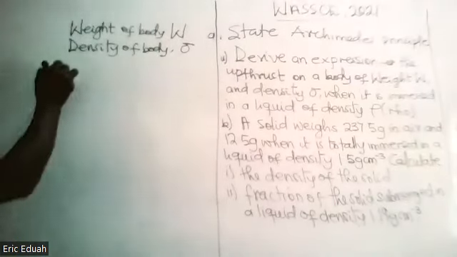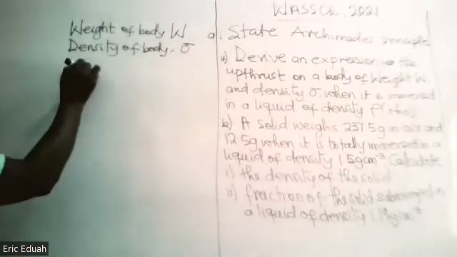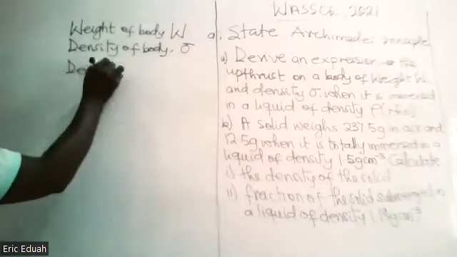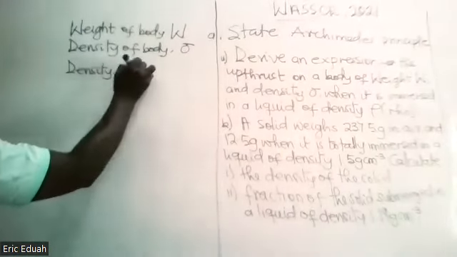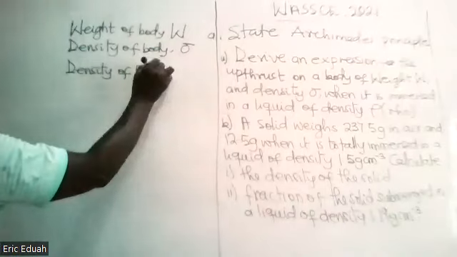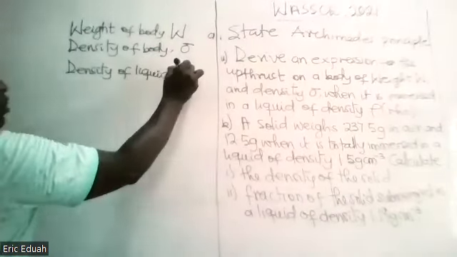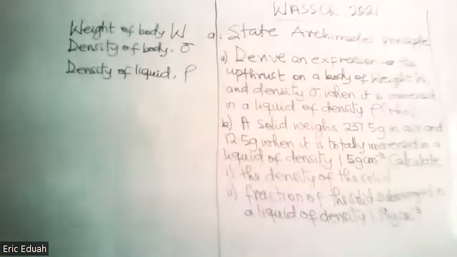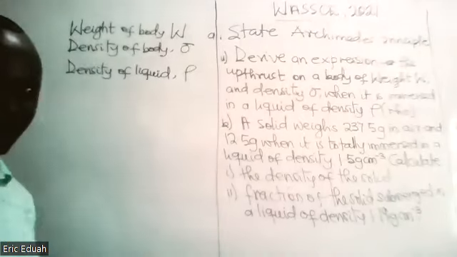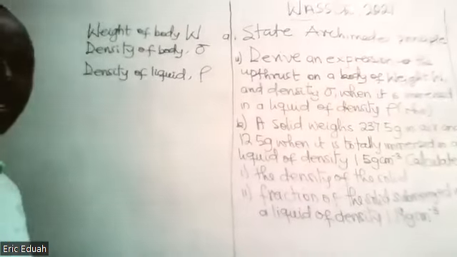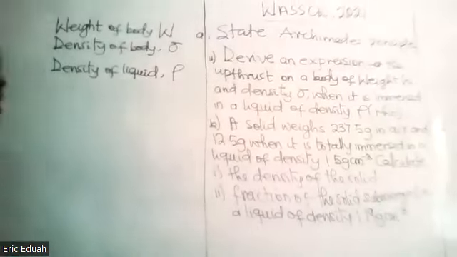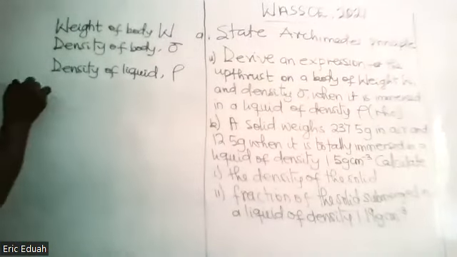Then we are also given the density of the liquid. Density of liquid is given as rho. We are to derive an expression for the upthrust. So the first thing to do is, what is upthrust?